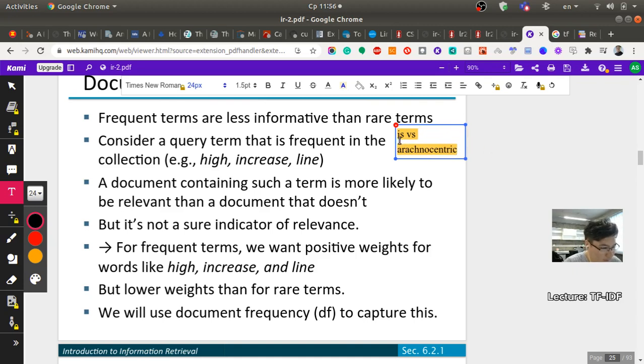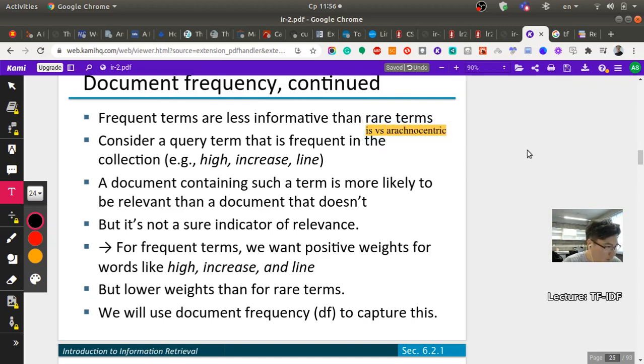Okay, this is about this one. Consider a term that is frequent in the collection, like high, increase, line, so these words. A document containing such a term is more likely to be relevant than a document that doesn't. So if it is arachnocentric, you'll search it. But it's not sure.